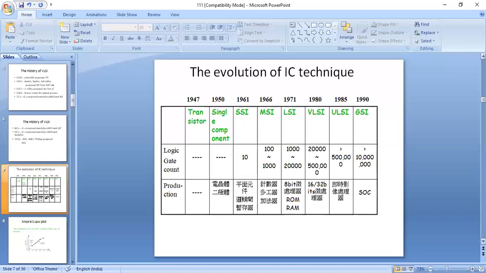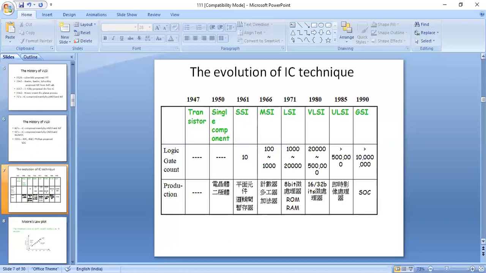The most important element in an integrated circuit is an active element. An active element can be either a bipolar junction transistor or a MOSFET, metal oxide semiconductor field effect transistor.